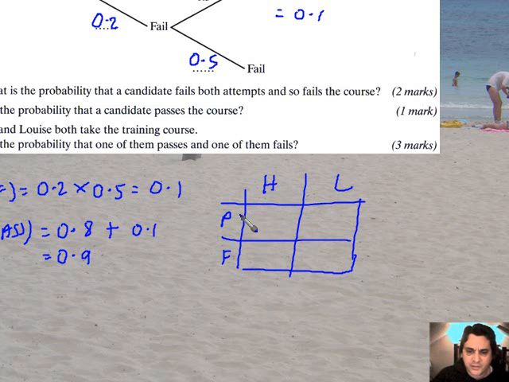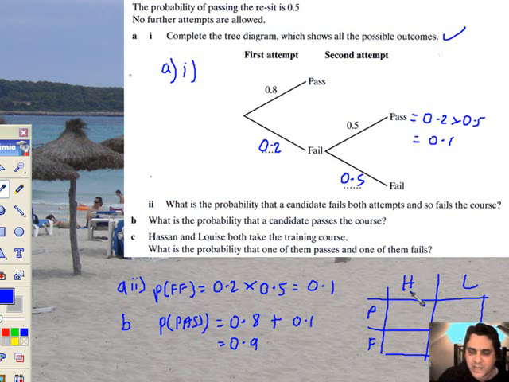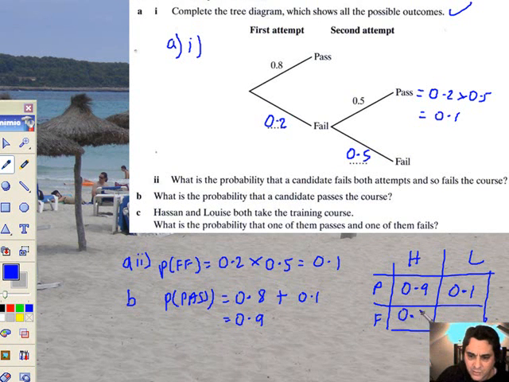Now, for Hassan to pass, how can he do it? He can pass by going 0.9, and therefore for Louise to fail, that will be 0.1. Or for Hassan to fail, fail followed by fail is 0.1, or Louise can pass one way or the other, which is 0.9.